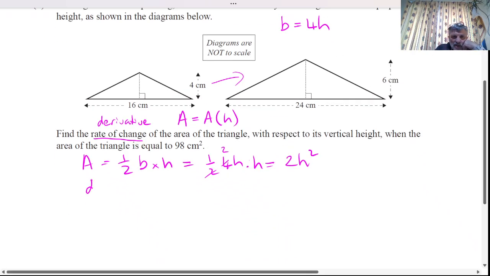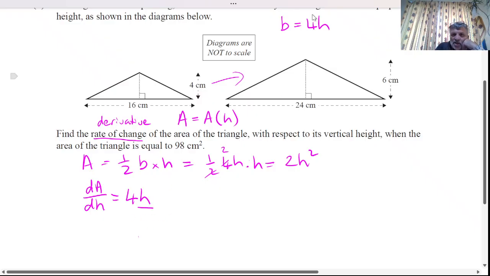We want the derivative, dA by dh. That's the rate of change of the area with respect to h, the height. Differentiate, multiply, so 2 2s are 4, h to the power of 1. So that's the derivative.